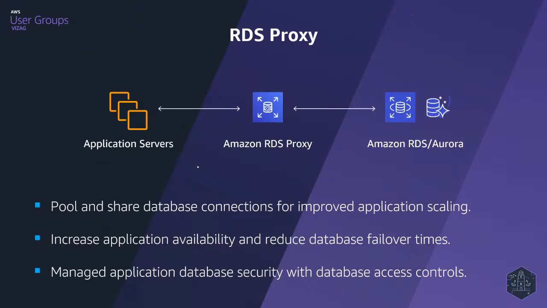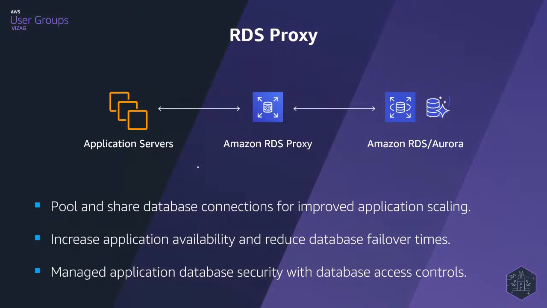There is a new option called RDS Proxy. I mean, it's not new, but relatively new, just a couple of years old. RDS Proxy helps you reduce the number of connections going into your databases. Depending on how many application servers you have, whenever one wants to read something from the database, it generally has to make a connection, and the database has to open a new connection for that application and then transfer the data, right?